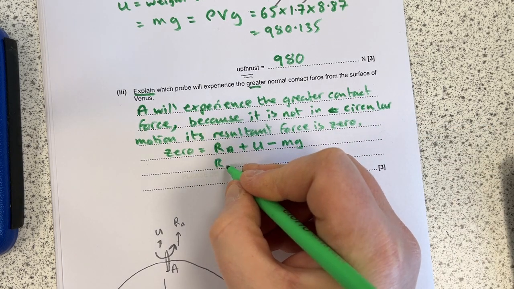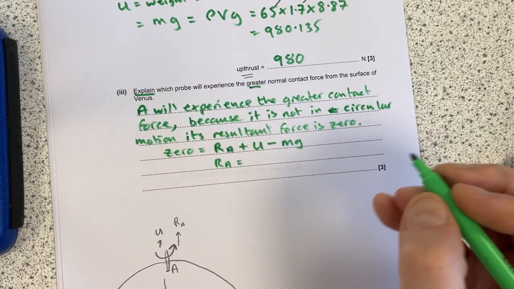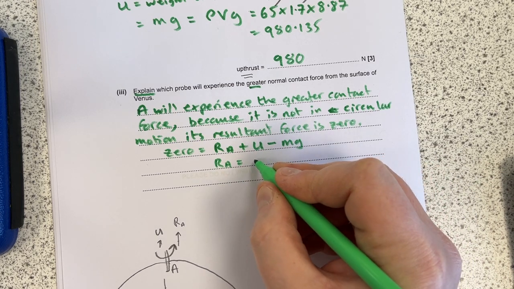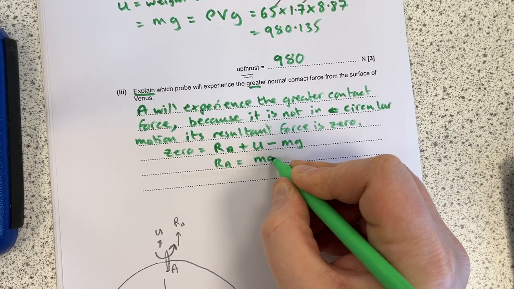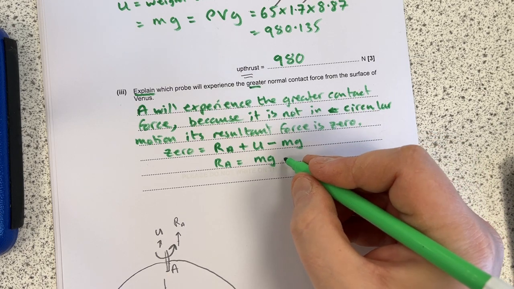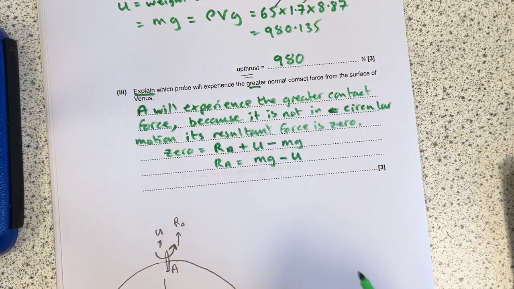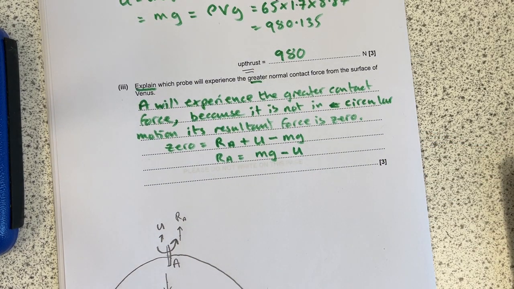Therefore RA would be equal to mg minus U.